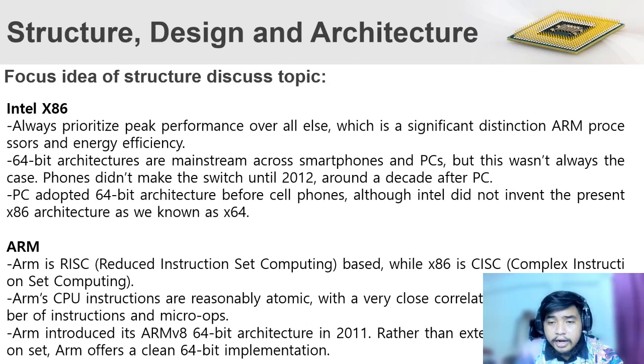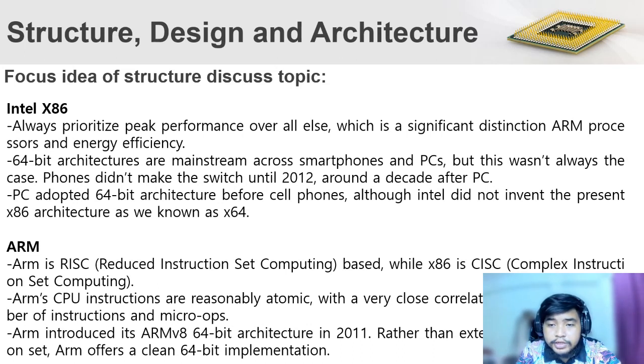The second one is ARM. ARM is RISC, which is Reduced Instruction Set Computing, but x86 uses CISC, Complex Instruction Set Computing. ARM CPU instructions are reasonably atomic, with a very close correlation between the number of instructions and micro-ops.